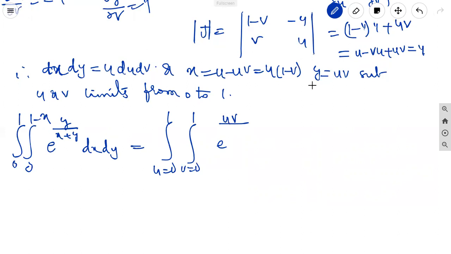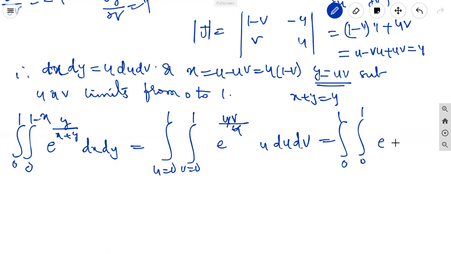What are the given? Y equal to uv, x plus y equal to u. This is u, and dx dy is u du dv. U gets cancelled. It is equal to integral 0 to 1, integral 0 to 1 e power v dv into u du.